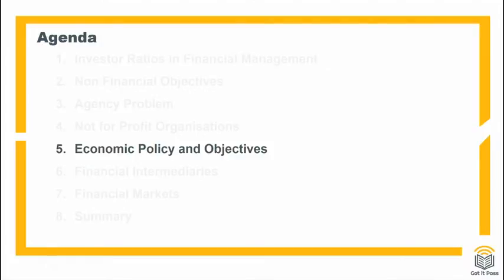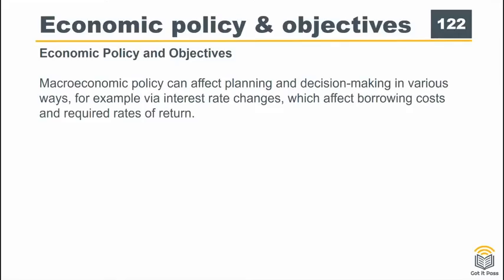First, the economic policy and objectives. Before going into any details, we need to explain what is economic policy or the macroeconomic policy. The macroeconomic policy can affect planning and decision-making in various ways, for example, by interest rate changes, which affect borrowing costs and required rates of return.